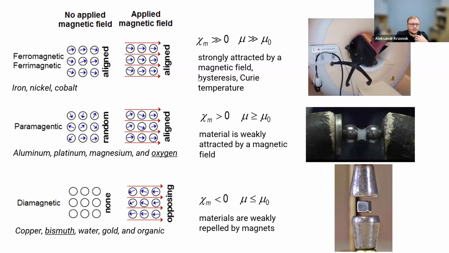The fact that ferromagnetics interact so strongly with a magnetic field can be useful and negative. And here I put a negative example of this interaction. On this picture, you see the coil of an MRI scanner. This MRI scanner has a coil that creates a strong magnetic field in the center of the coil.